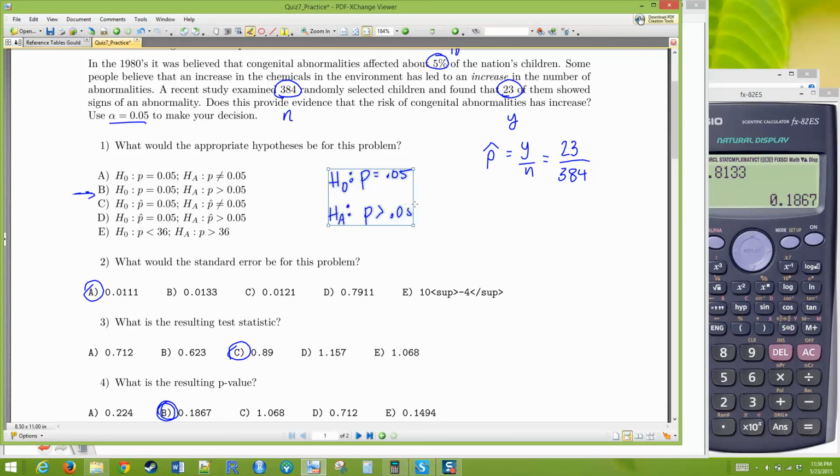And so our question is, does this provide evidence that the risk of congenital abnormalities has increased? So the null basically says no increase, and the alternative states that it has increased.